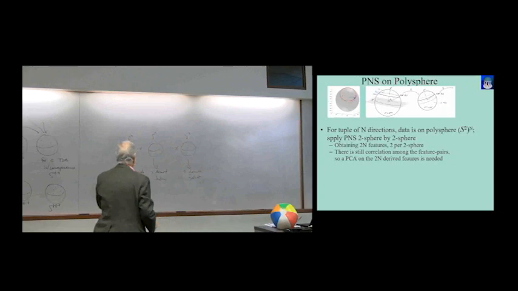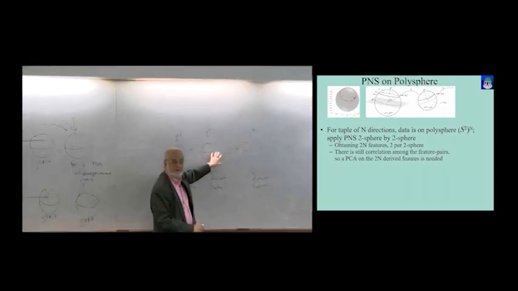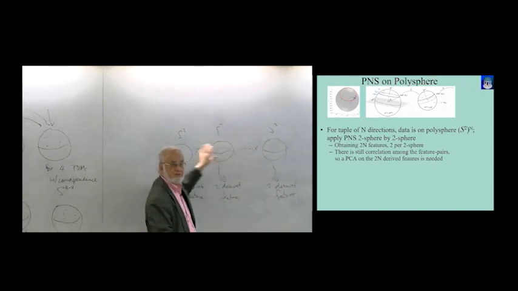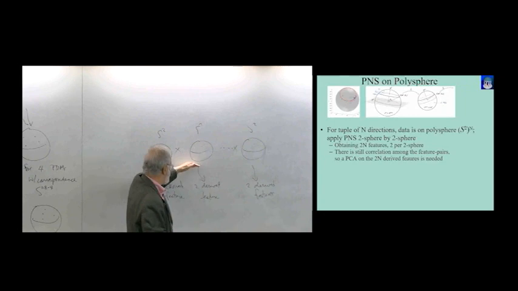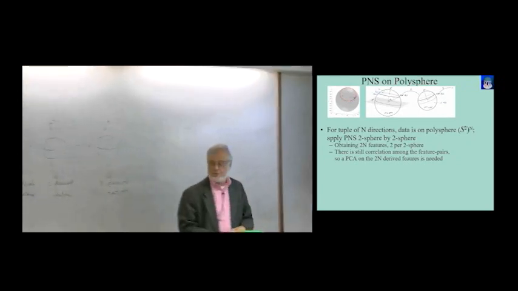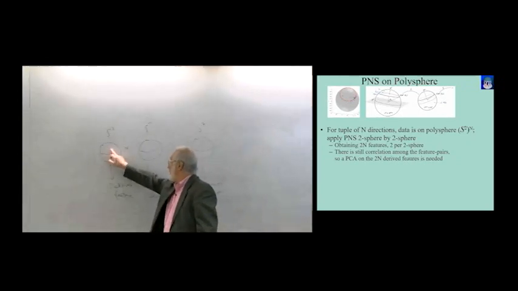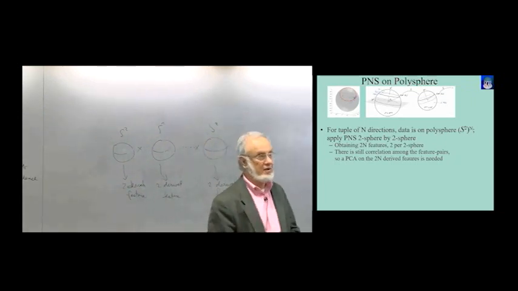Here, you're taking care of the covariance over 2 dimensions, but not the covariance of this with this. We haven't taken care of the way in which things on this sphere vary with things on that sphere, or any of the other spheres.